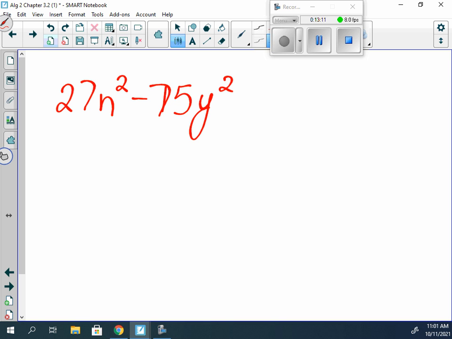27n squared minus 75y squared. Is this a difference of perfect squares? Is there a number times itself that would be 27, or a number times itself that would be 75? Is there a greatest common factor between 27 and 75?